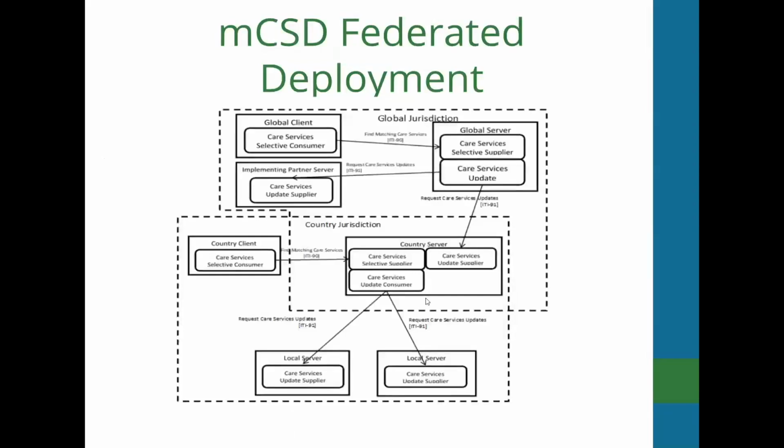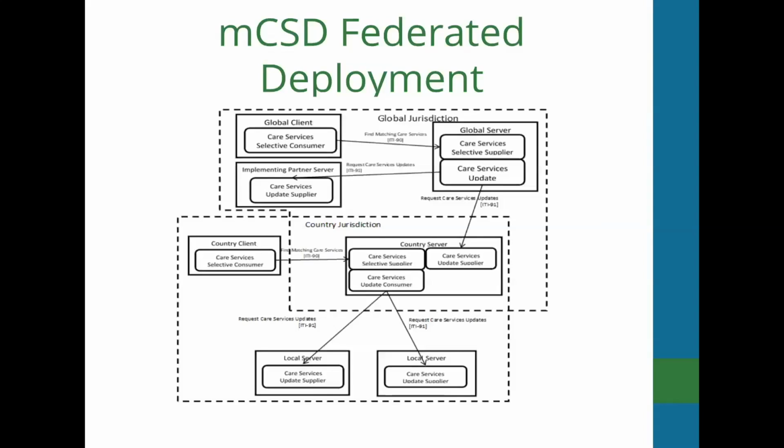So, again, this could work in anything, but just to show a very complicated example of a deployment where you might have lots of systems out there, and also where you might be trying to tie your information into a global system, so you could have a country server that gets updates from the various local servers. So you could have your HR systems, the private, could feed to that.